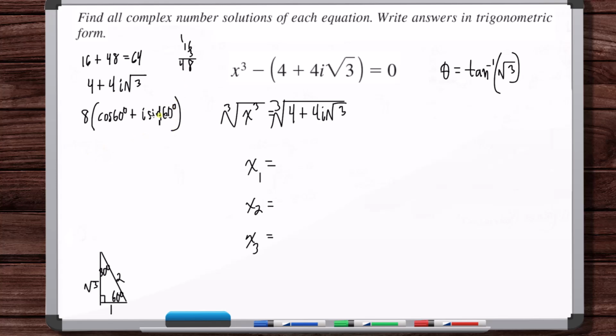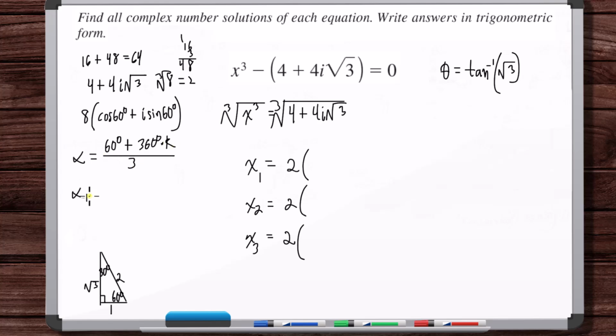There we go. So now the radiuses of each of the three roots is going to be the principal cube root of 8 is 2. So 2, 2, 2. Now the alphas we've got, so 60 degrees plus 360 times k over 3. So alpha 1 is equal to 60 divided by 3 is 20. Alpha 2 and alpha 3 we've got, so add 120.